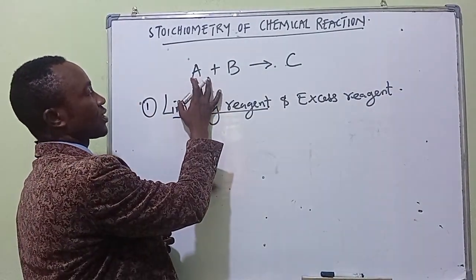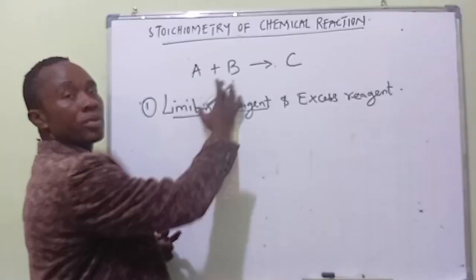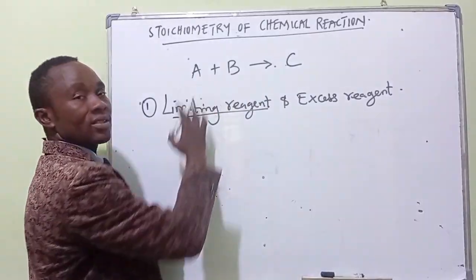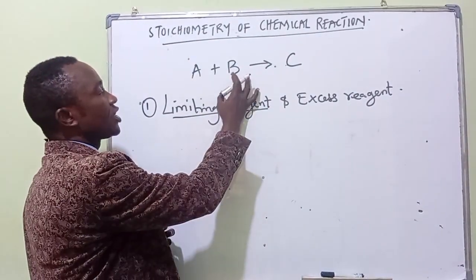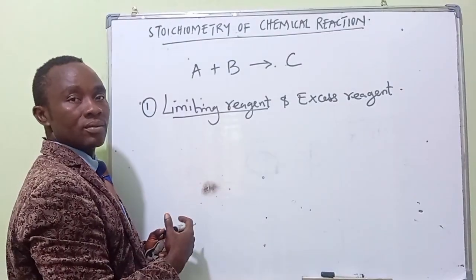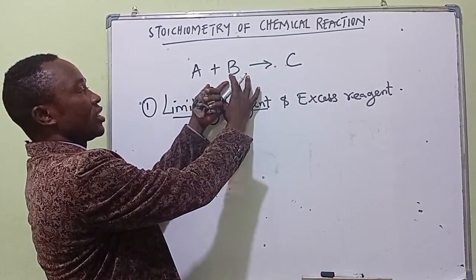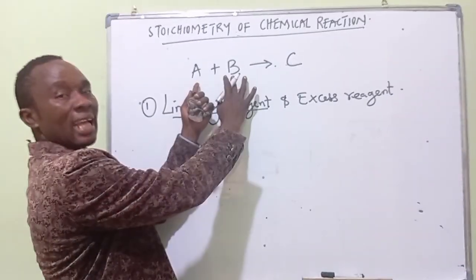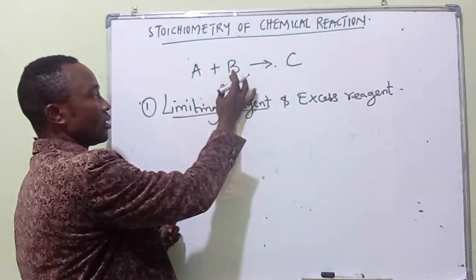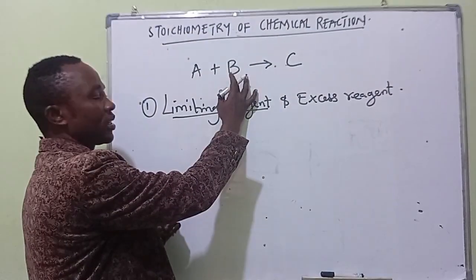Now, if A is an acid and B is a base, it's possible for acid and base to be reacting. Say the base finishes first before the acid. That base controls the reaction, because once the base has finished, even if there is acid still left, the reaction will stop, because one of the reactants has been exhausted.